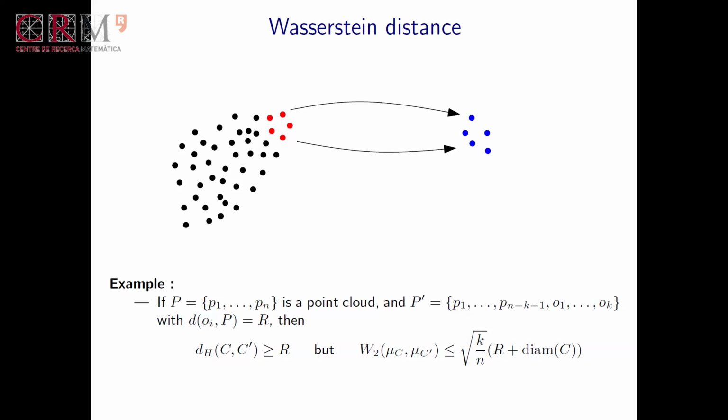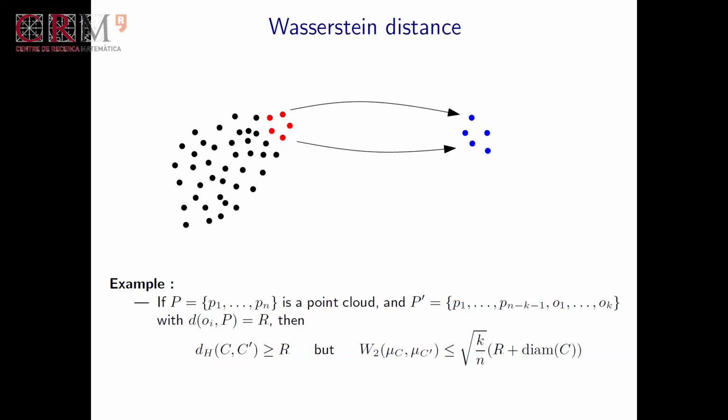So if I look at these two point clouds as sets, and if I look at the Hausdorff distance between these two point clouds, it will be at least r, because there are some points, the blue points, at a distance at least r from the set of black and red points. Okay? And now, if I look at this as measures, I have this obvious transport plan I just mentioned to you.